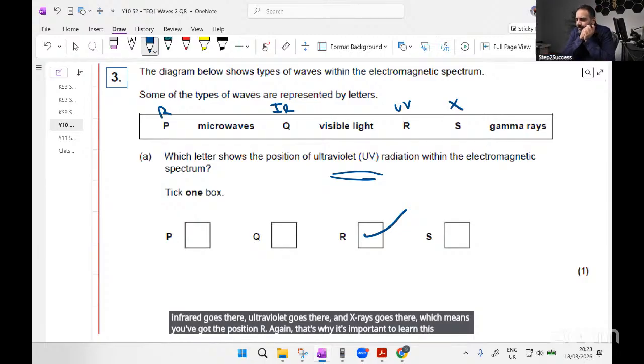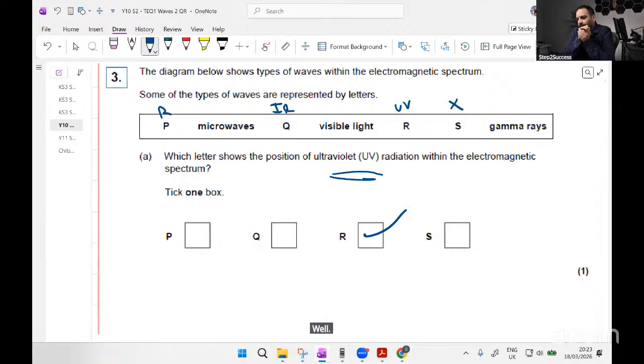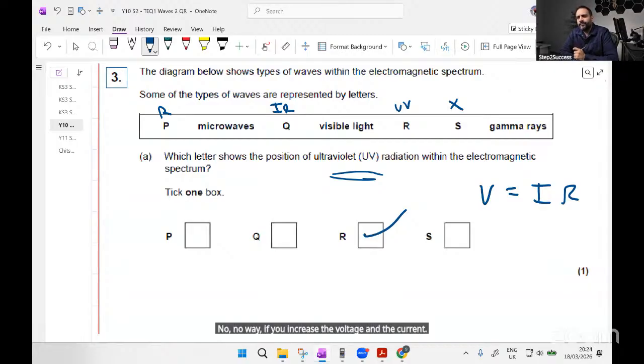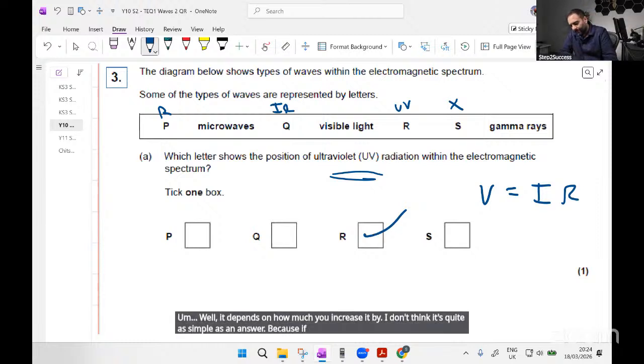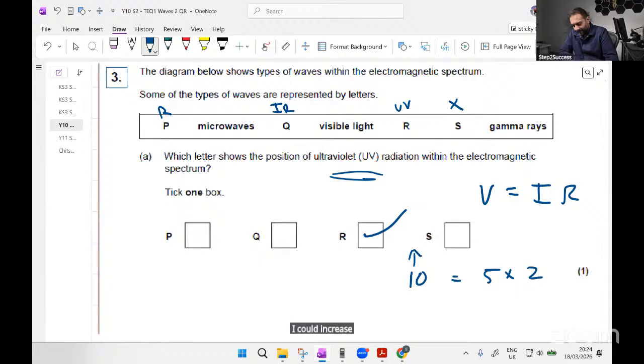In the vehicle diagram, if you increase the potential difference and the current, what will happen to resistance? Well, in theory, it would have to go up as well. No, no way. If you increase the voltage and the current, it depends on how much you increase it by. I don't think it's quite as simple an answer. If I said to you 10 equals 5 times 2, I could increase that to 20 and I could increase that to 10, which means that the resistance doesn't change.